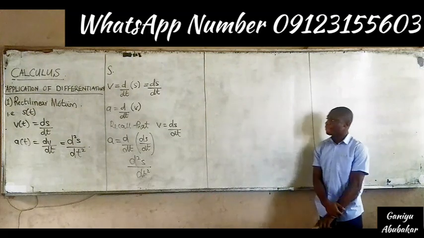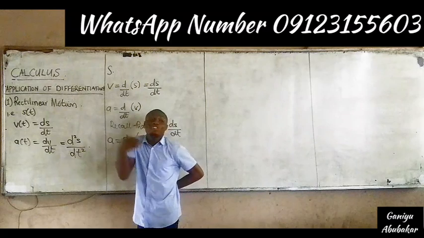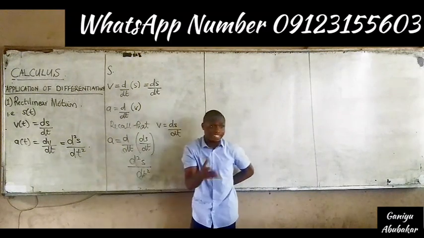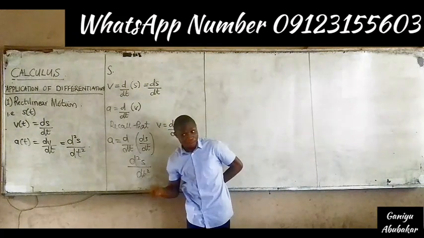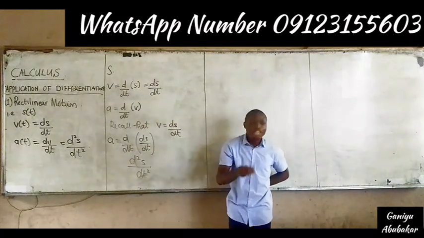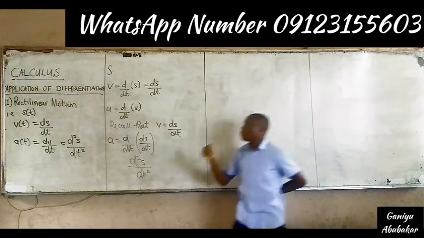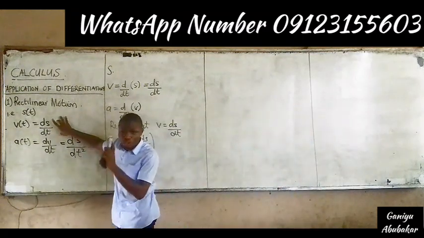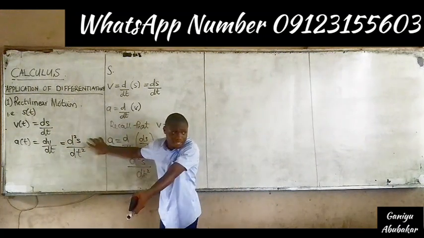Alright, from here, here's what you need to note. If you are given distance in the question, to find velocity, differentiate once. To find acceleration, differentiate twice.